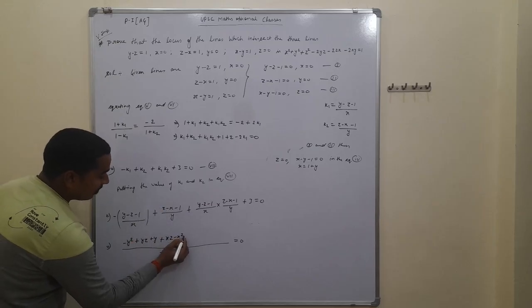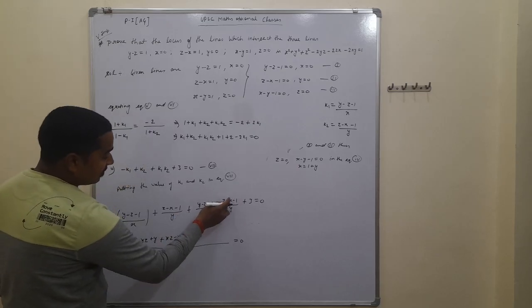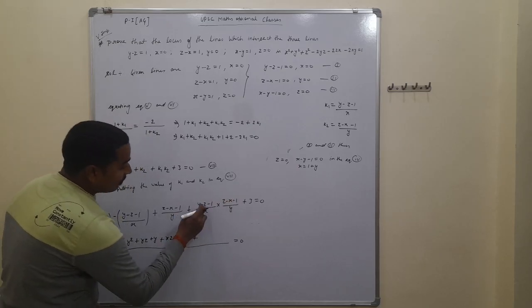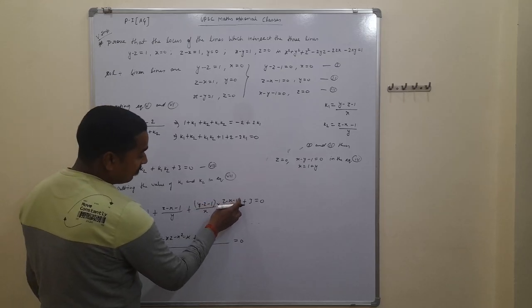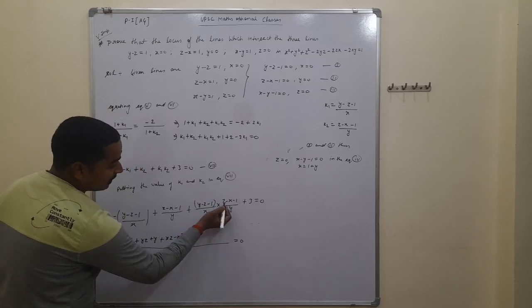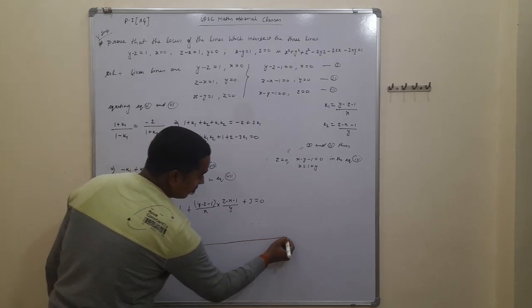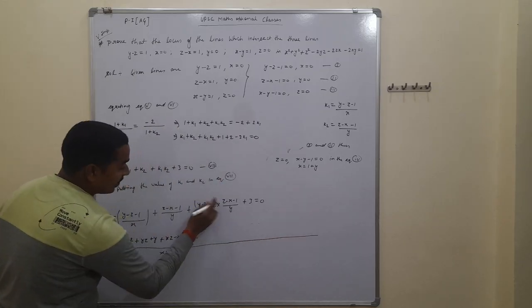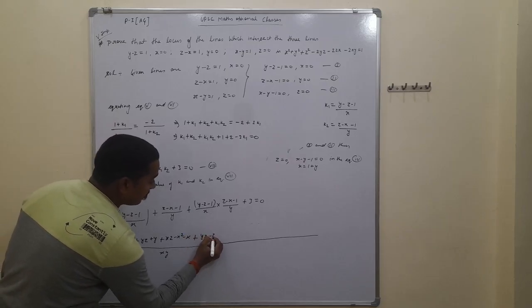minus of x square and minus of x, and from here we have to multiply these terms, that is y minus z minus 1 and z minus x minus 1, with these terms. First we have to multiply with z, that is yz minus of z square and minus of z.